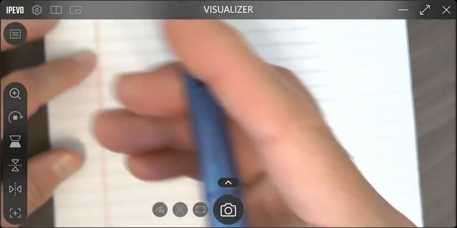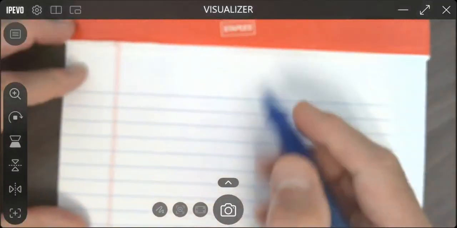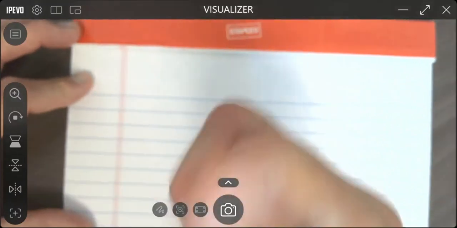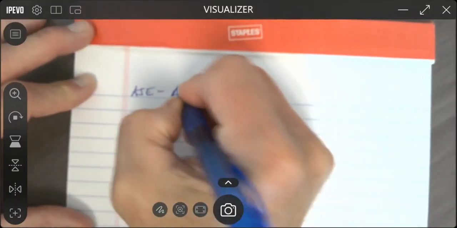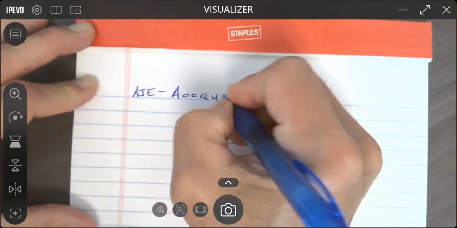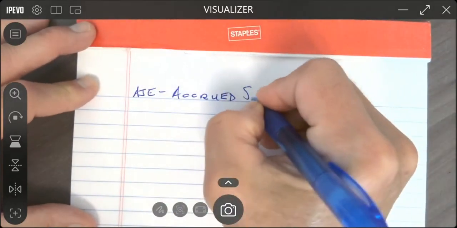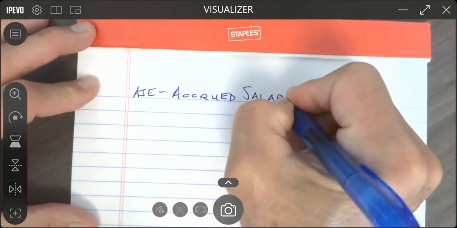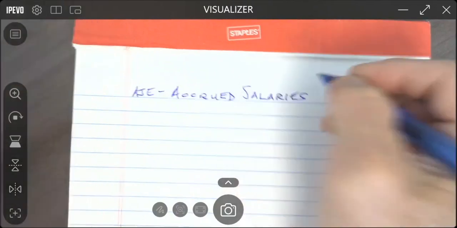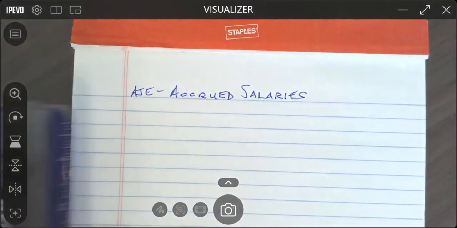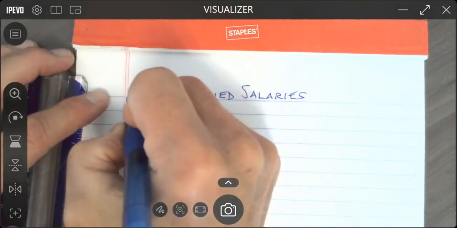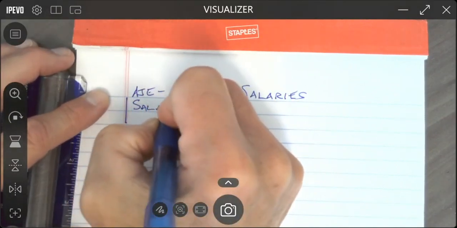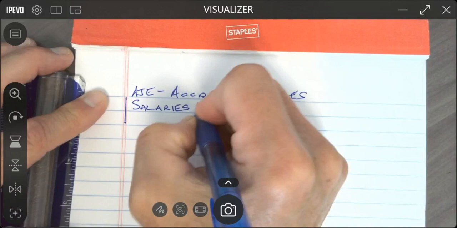Okay. So for the adjusting journal entry, let's call it the AJE, accrued salaries. That means they are incurred but not yet paid, so we need to accrue them in the books. And we have salaries expense.